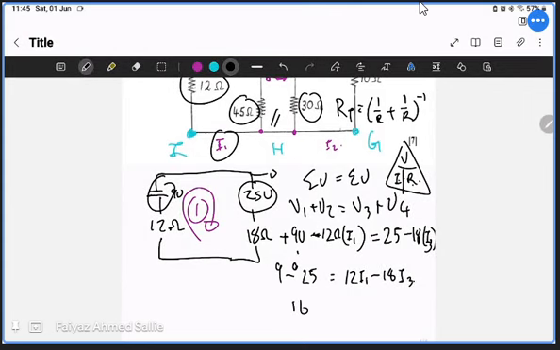So we have a 9 minus 25 equals negative 16 volts, which is equal to 12 I1 minus 18 I3.